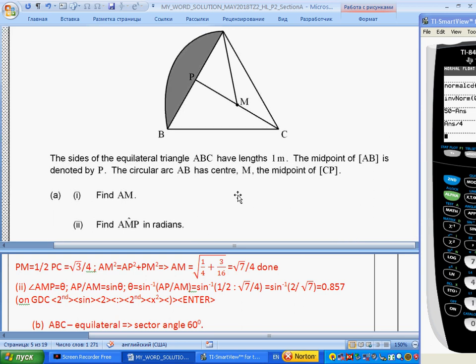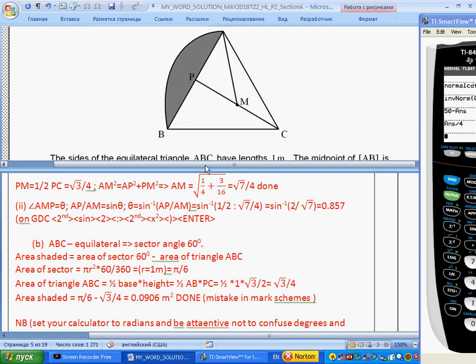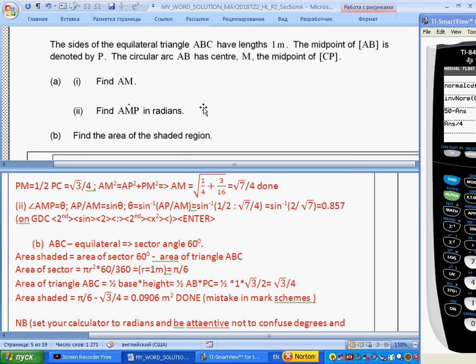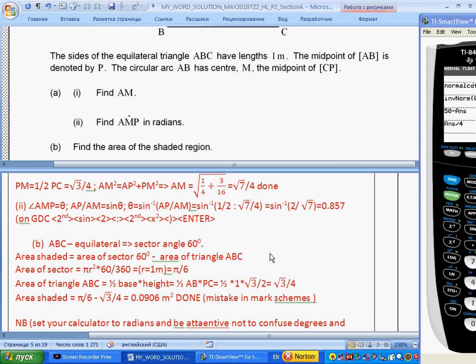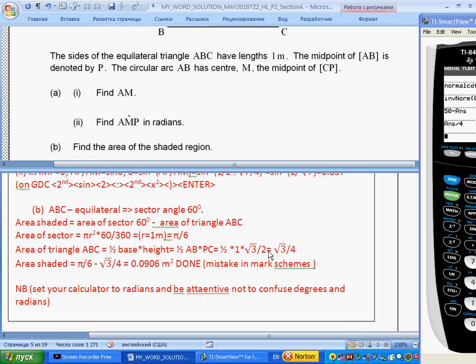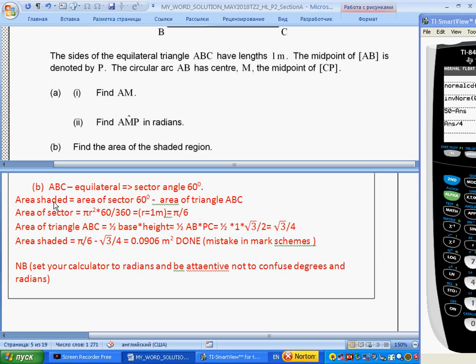The shaded region can be found as area of sector minus area of triangle. So you need formulas. Right, so this is part B. So area shaded equals area of sector. Because it is an equilateral triangle, the angle is 60 degrees.